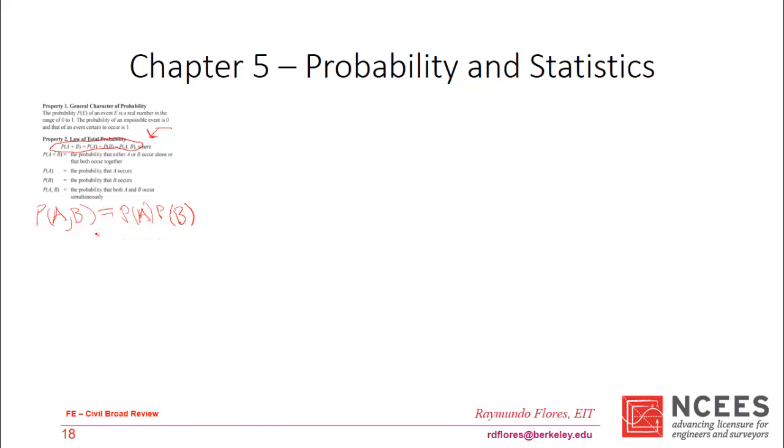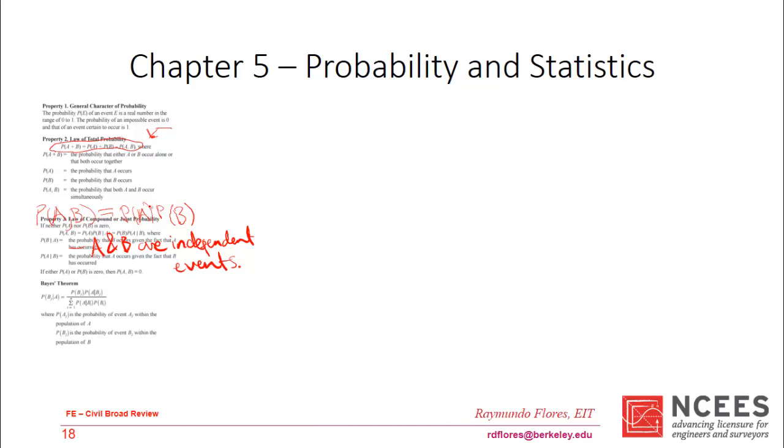And this only holds if A and B are independent events. So basically these are the only things you need to know, and everything else is just basic logic. So let's move on. Let me get rid of this.